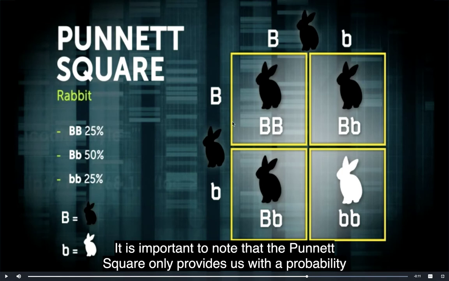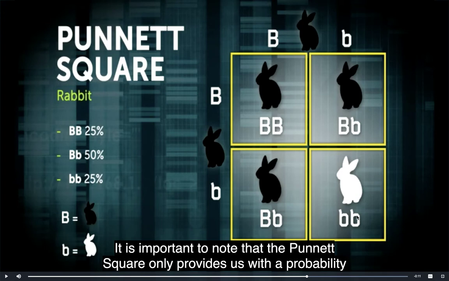So when it breaks it down, each square in that Punnett square represents a quarter, right? Or 25%. So there's a 25% chance that the offspring will have capital B, capital B. There's a 50% chance that the offspring will have capital B, lowercase b, because it's here and it's here.